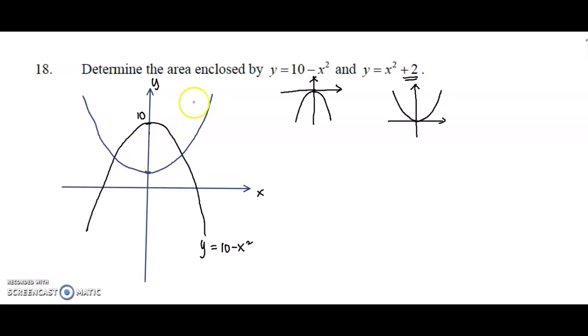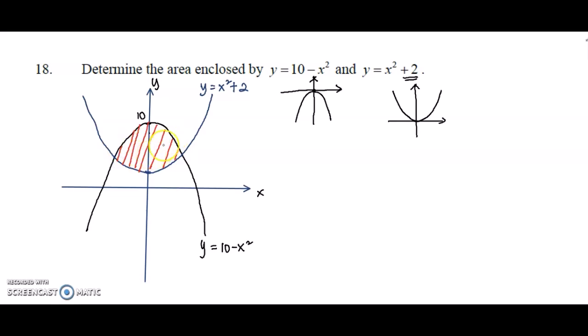Alright, this is a quadratic curve, y equals x squared plus 2. Now we would like to get the area enclosed by these two curves. So we try to shade the area. This is the area that is enclosed by these two curves.